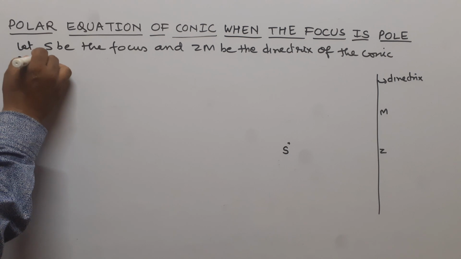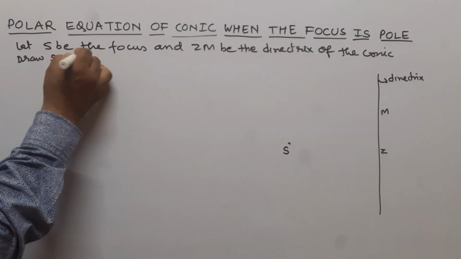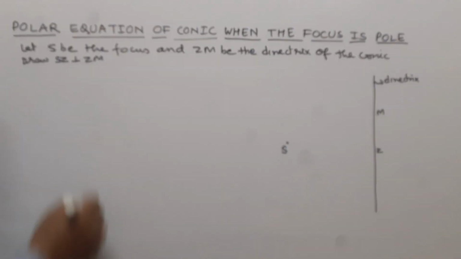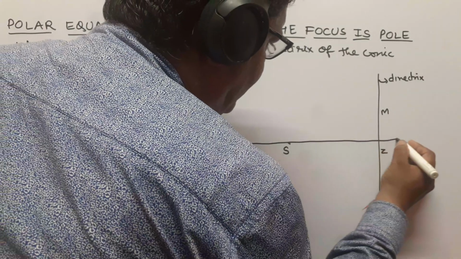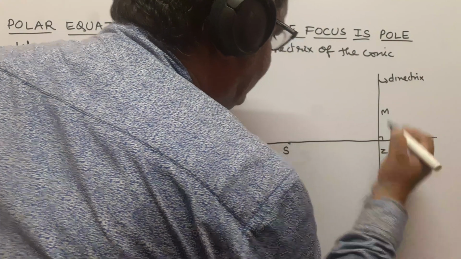Draw SZ perpendicular on ZM. You can see here this SZ is perpendicular on ZM.